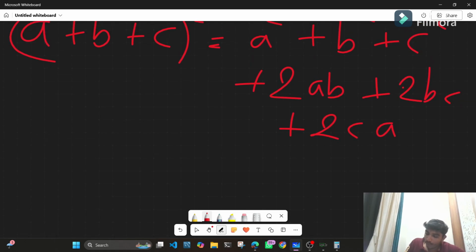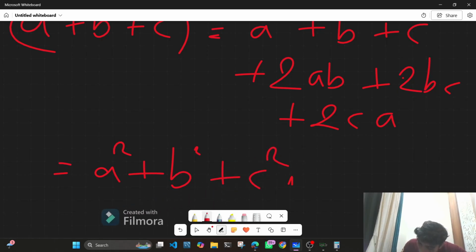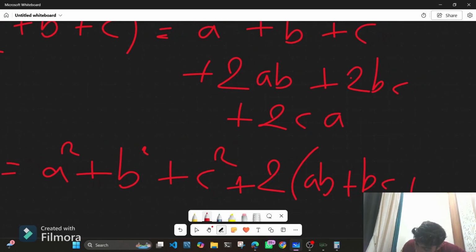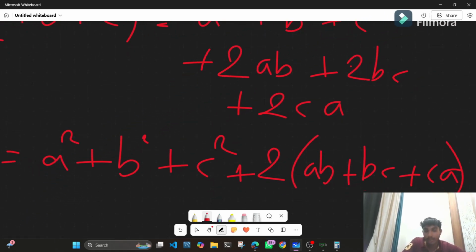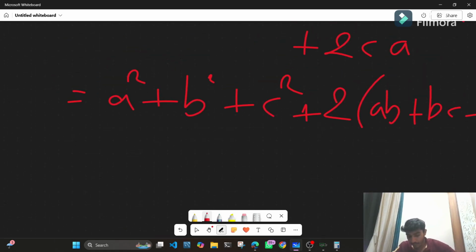You can take the 2 common and just write it as a square plus b square plus c square plus 2 bracket ab plus bc plus ca, right?